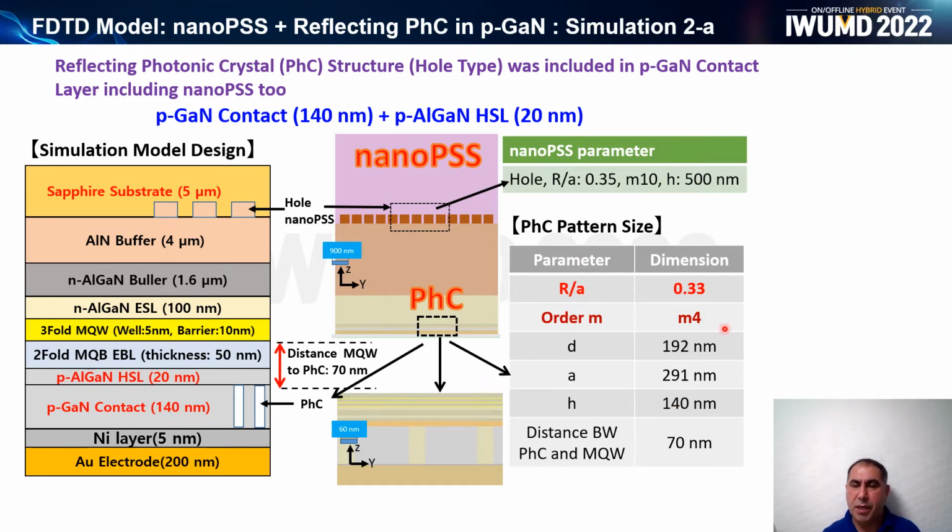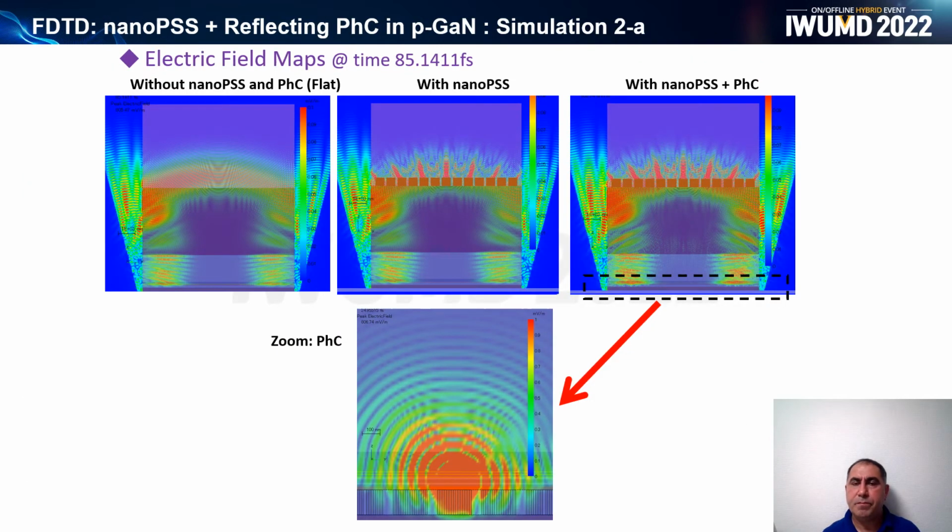But here the R/A value 0.33 was not optimized, so we use order M4 in this case, or M3, and by using these parameters, first we check the electric field mapping in the UVB LED with nanoPSS and PHC together.